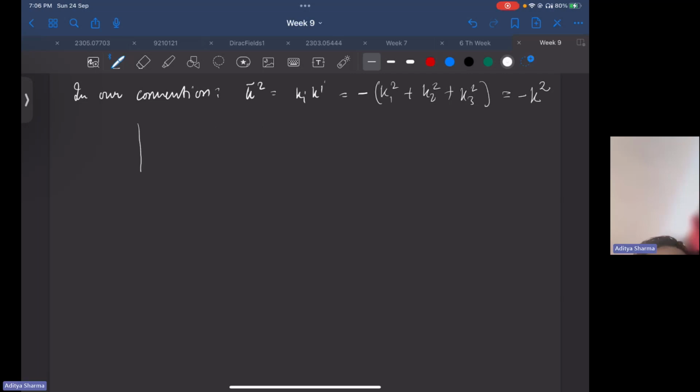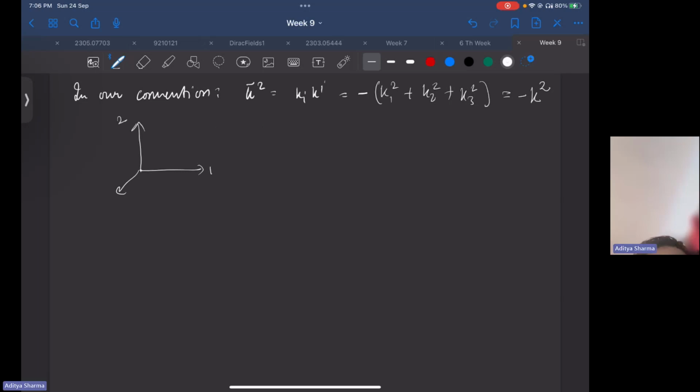So now in our convention, k vector square is k_i k_i, and this is a minus of k1 square plus k2 square plus k3 square. This I'm going to call k square, the mod of k square. Yeah. So this is like in momentum space.